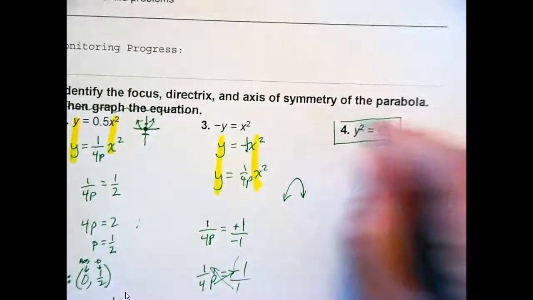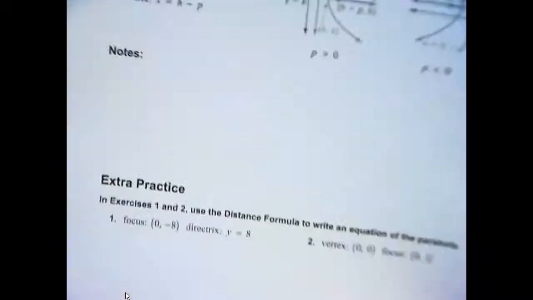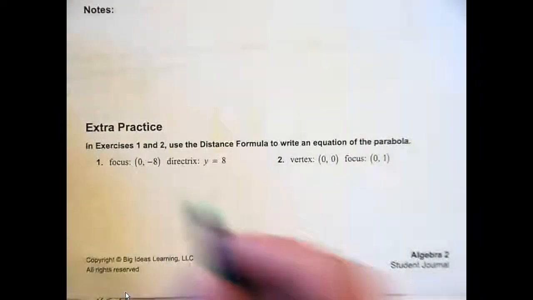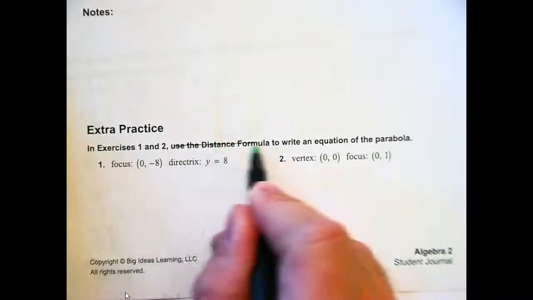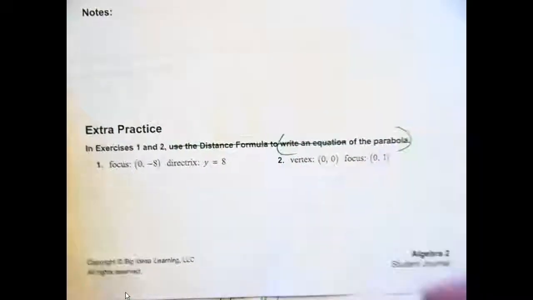Okay, hey, hold on. Before you go today, take a look at your student journal, page 37. I want you to do problems 1 and 2. Use the distance formula. Write the equation of a parabola.